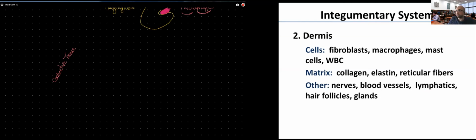Can you remind me of 2 different types of connective tissue located in the dermis of the skin? The epidermis did have keratinized stratified squamous epithelium.